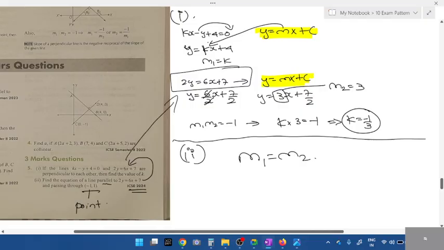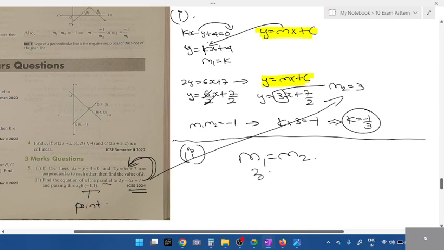This one. Previous question, right? Are they same students? 2y. See, this I'm talking about. These two equations are same. So from this, what is m value we got? If that is 3, what is m2 value you have to take? 3. So for this question, slope value you have to take it as 3.